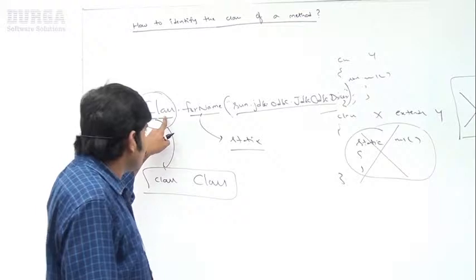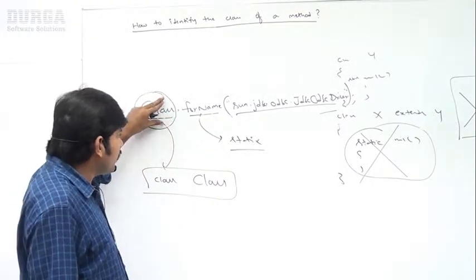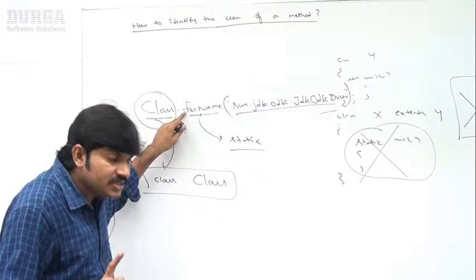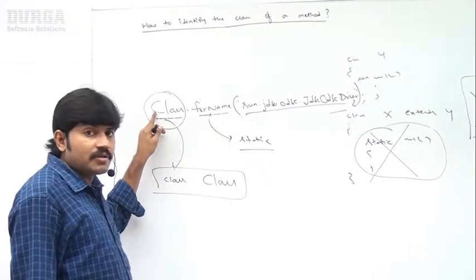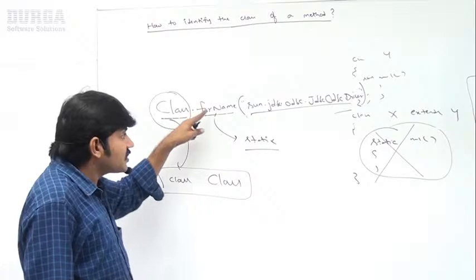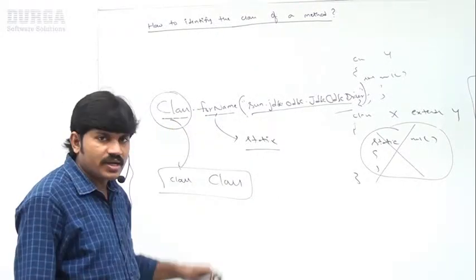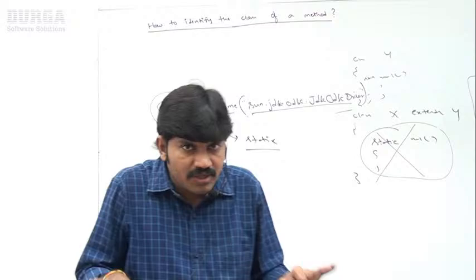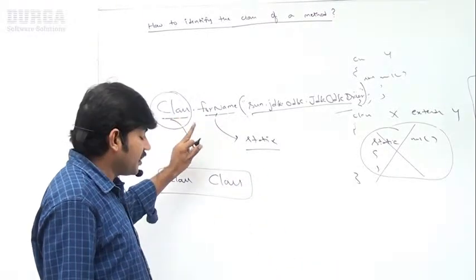By using which class name am I calling this method? Class. If I call any method by using a class name, is it a static method or an instance method? A static method. Which class contains this method? The class whose name you are using to call it should contain this method. This is about static methods, right?